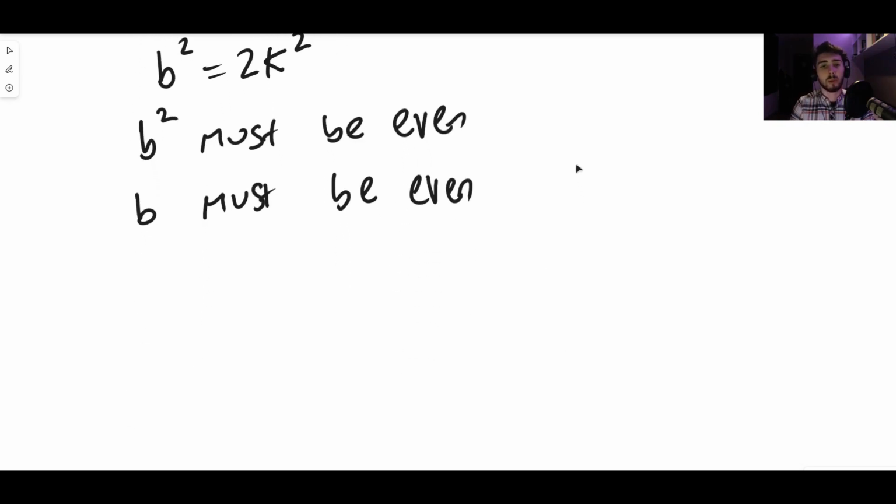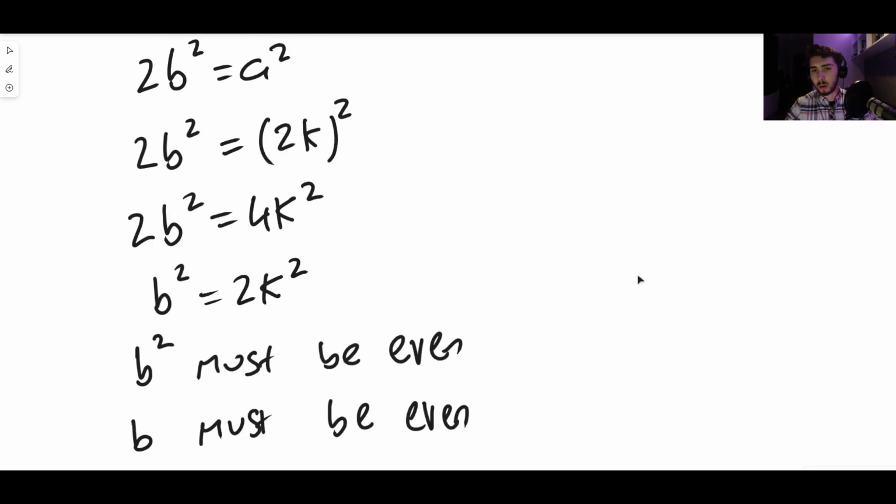But hold on a second, remember what we said originally? We said that the square root of 2 was a over b, but we've just said that if we make this assumption, then a is an even number, and b is an even number. That's actually an issue, because if a and b are both even, then they are both multiples of 2, and therefore they are not co-prime.